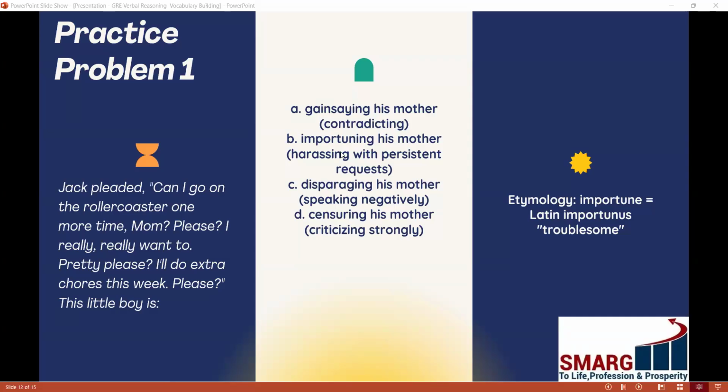You can either very quickly think, have you heard similar words, and then start building your vocabulary, or you can very quickly look at the structure. Gainsaying, let's say I do not even know the meaning of what gainsaying is, but then I look at the prefix gain. Okay, so gainsaying is not something which is fitting this context in general.